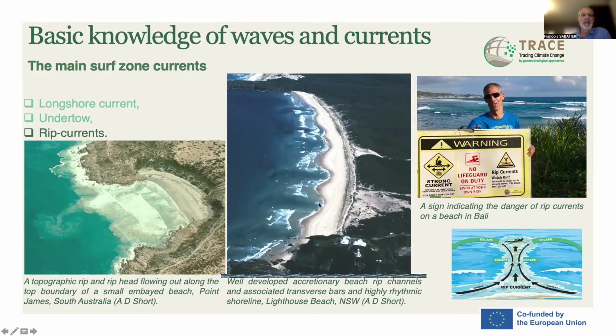In these pictures, you see the presence of the rip current, but they also are present in the morphology. They start close to the shoreline because of the processes. The waves are crossing on the swash zone and they are moving offshore.